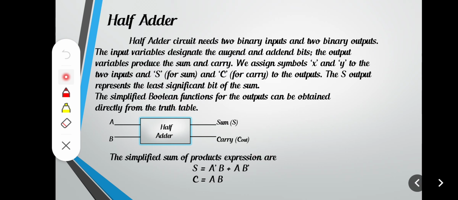We assign the symbols x and y to the two inputs, and sum and carry to the outputs. The sum output represents the least significant bit of the sum. The simplified Boolean function for the output can be obtained directly from the truth table. The simplified sum of products expressions are the sum expression and the carry out expression.